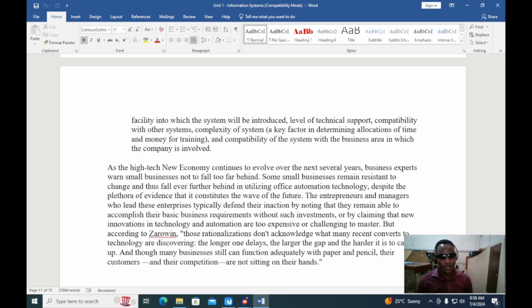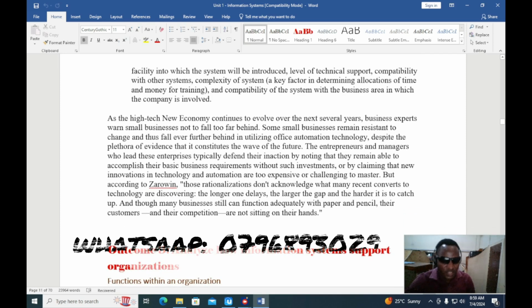But according to Zarwin, those rationalizations don't acknowledge what many recent converts to technology are discovering. The longer one delays, the larger the gap and the harder it is going to be to catch up.